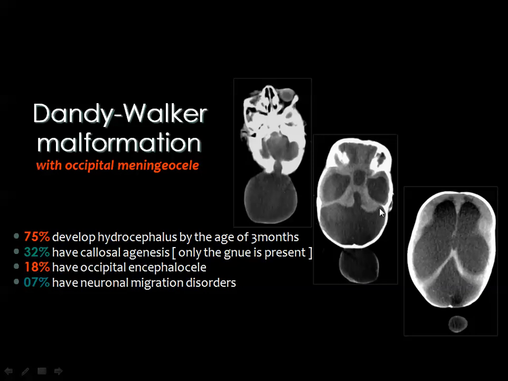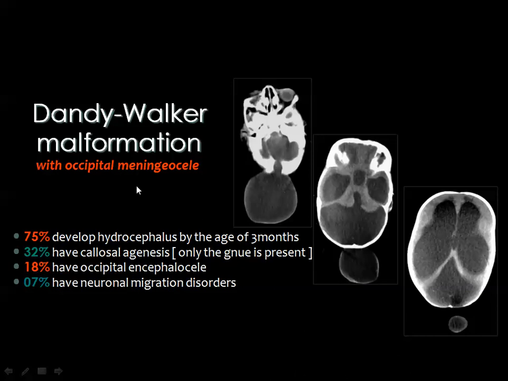There is a big cyst posterior to the cerebellum, and this cyst is communicating with the fourth ventricle through the region where the vermis should be present, but it is aplastic, and the cerebellar hemispheres are hypoplastic, and the supratentorial ventricles are dilated due to hydrocephalus.